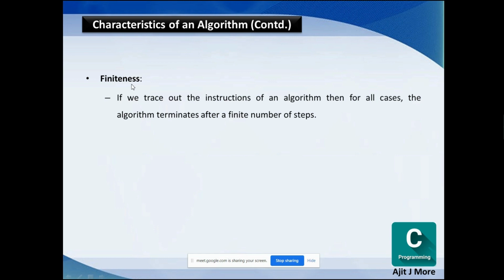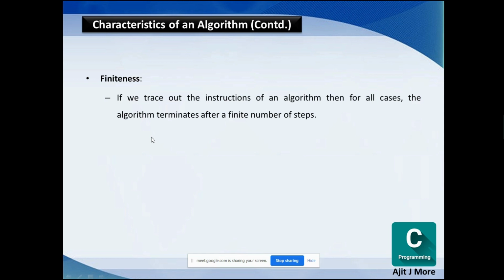Then we'll say it is following finiteness. Okay, so if we trace out the instructions of an algorithm, then for all cases the algorithm terminates after a finite number of steps. Getting? And if it is not terminating, means we'll say it is not following the finiteness property. Getting? But programs are excused from it.